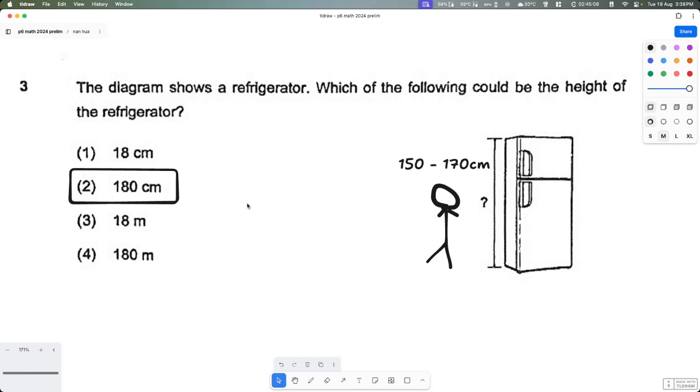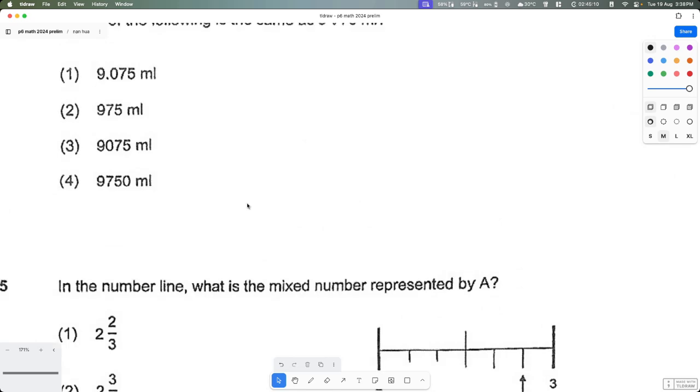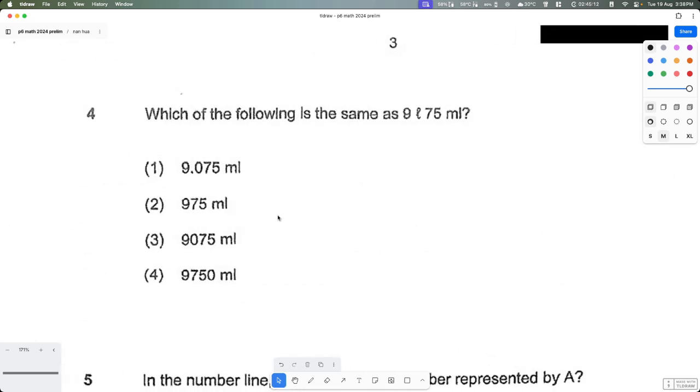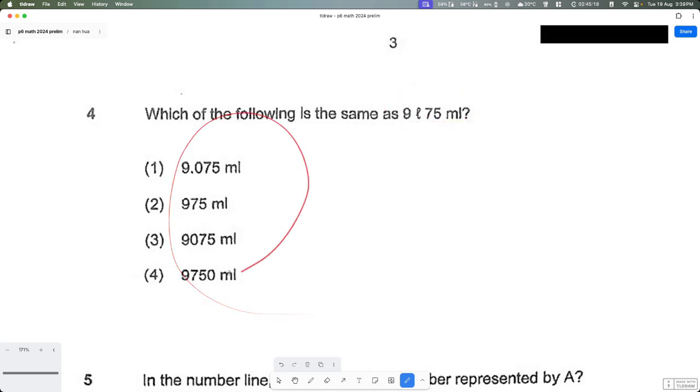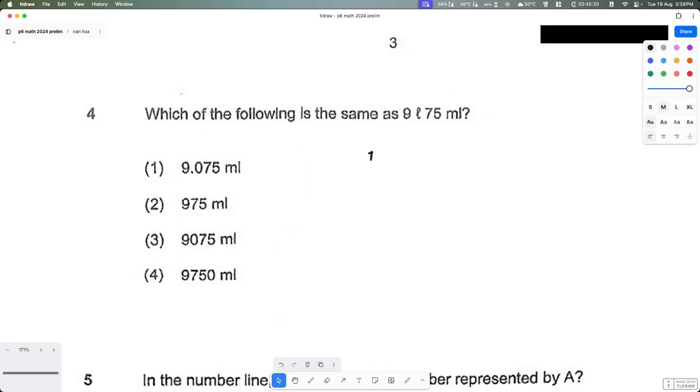Okay, let's move on to the next question. Question number 4. Which of the following is the same as 9 liters and 75 milliliters? What is 9 liters? 1 liter is equal to 1 times 1000, which is 1000 milliliters.